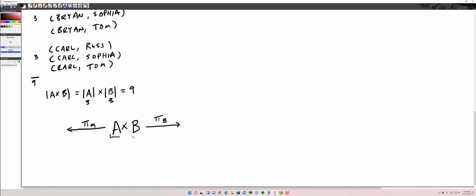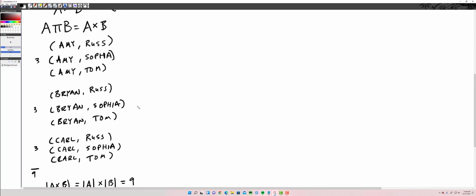So again, this object, A times B, or rather, actually, I should probably change this at this point to A pi B, as that's the generalized product. In this case, it's the same as A times B. This is this object of all of these pairs, okay? So all of these pairs, the set of all of these pairs are A times B, or A pi B, okay?